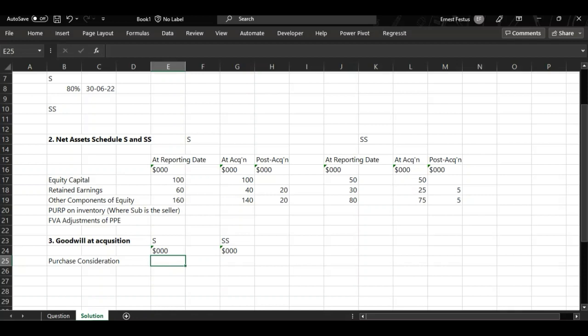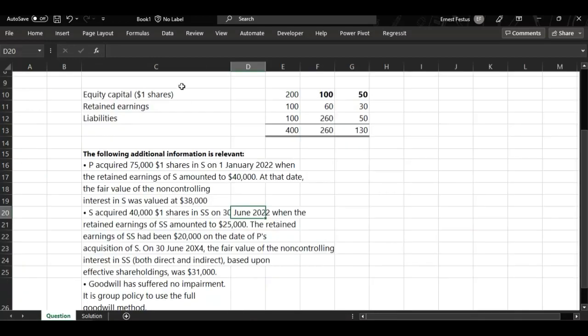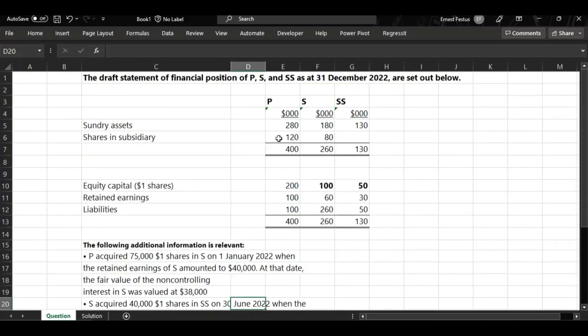Alright, so we have in the question, we have them right here in the statement of financial position. This is the amount of money we paid for the 75,000 shares we bought in S. And this is the amount S also paid for the shares bought in SS, 80,000 and 120.